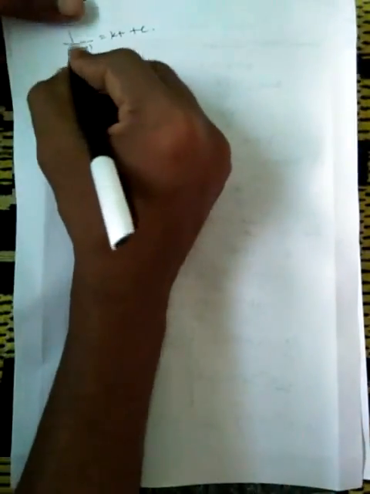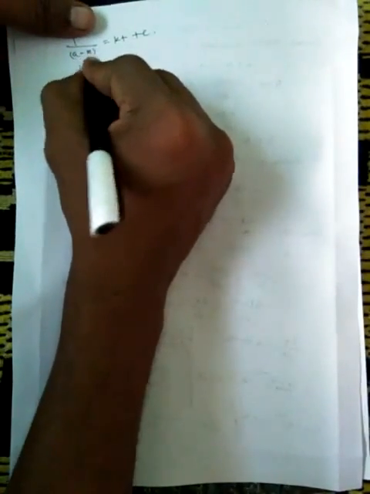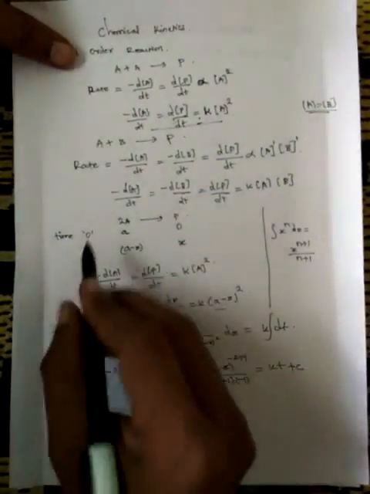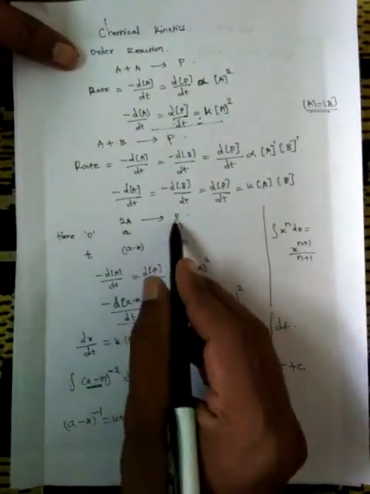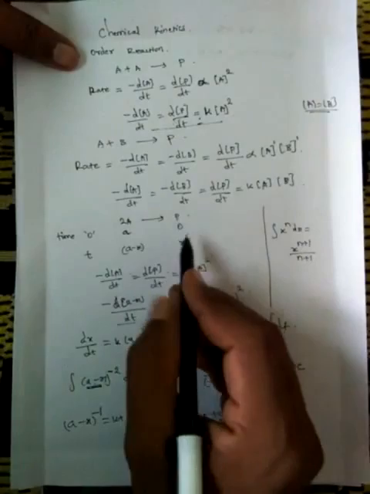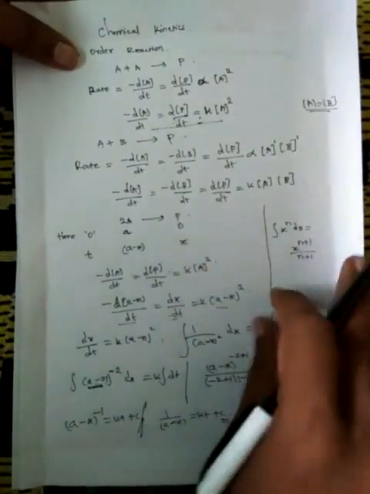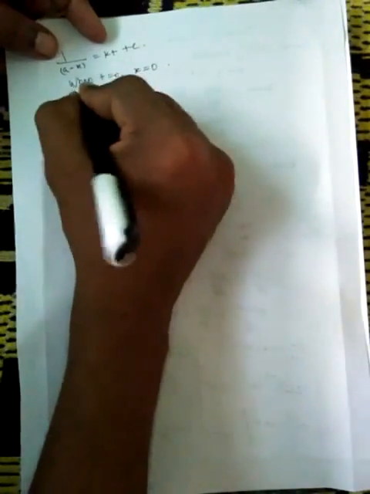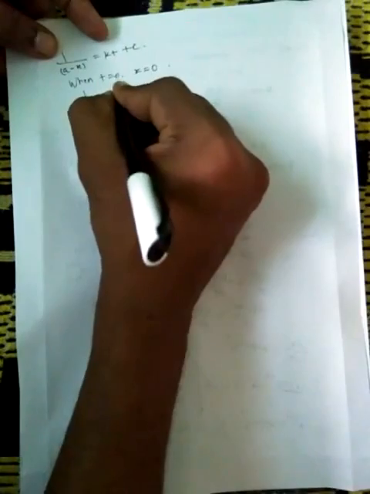So the limits are applied here: when time t equals 0, I know that the product concentration is 0. No product is formed when time equals 0. So product concentration is 0, that is x is 0. Therefore, if you substitute, it will come 1 by a equal to c. Therefore, you now know its constant value.